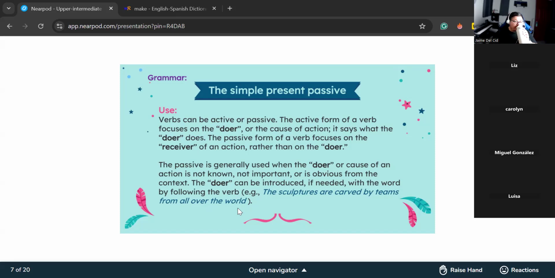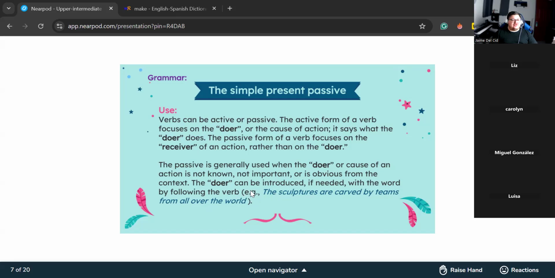The doer can be introduced if needed with the word by following the verb, e.g. the sculptures are carved by teams from all over the world. Okay, very good. Esta palabra es by. Cada vez que aparezca, ¿verdad? by es by.